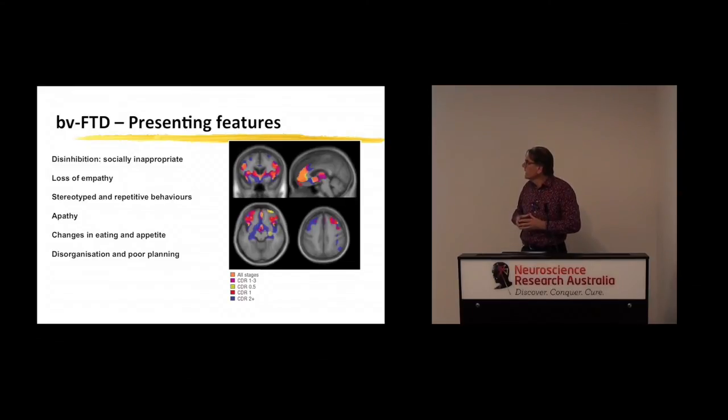And the other area that's shown lower down in orange on the right-hand upper panel, it's called the amygdala, and that's very important for emotion. Other parts of this circuit are very important for appetite control. So this circuit is involved in BVFTD.